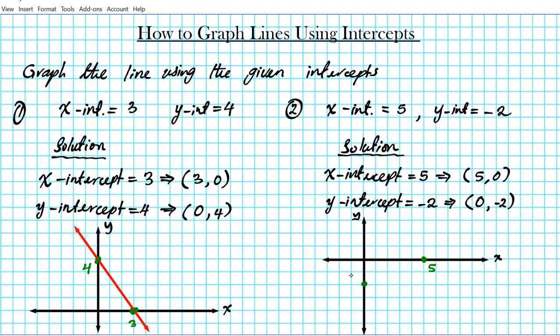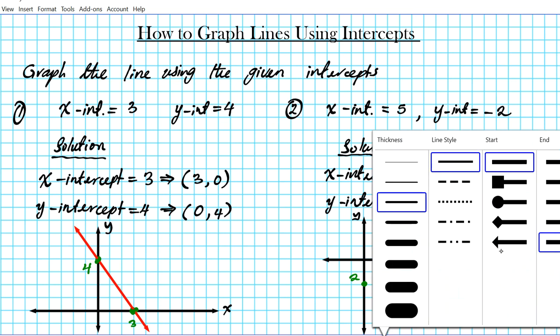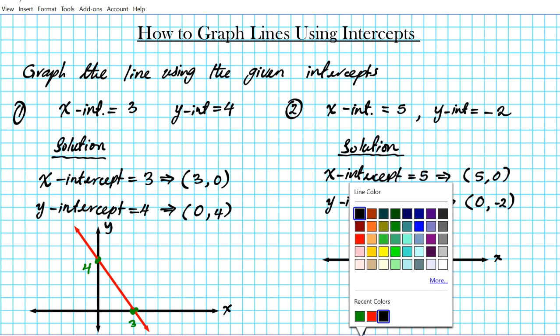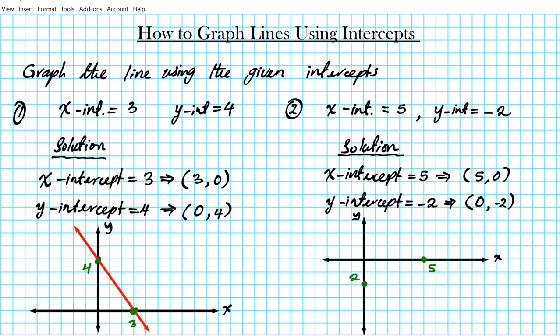There goes our second point. And then we'll just go ahead and draw our line through the given points. Alrighty? So that will be the line with these intercepts. Alright, so let's go ahead and graph it. Looks something like that. All right, let's not forget the negative right here for the y.